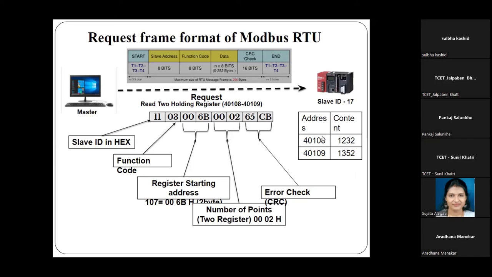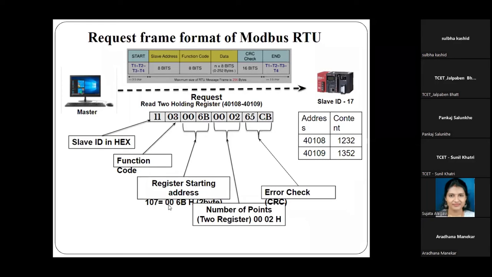40108. So its base address is always 0. Yes, it starts from 0, 1, 2, 3 like that. So the base is called 0. That's why we take one address lesser than this one. So if I want to read 40108, I take 40107 because the base of this one is 0. It always starts from 0.